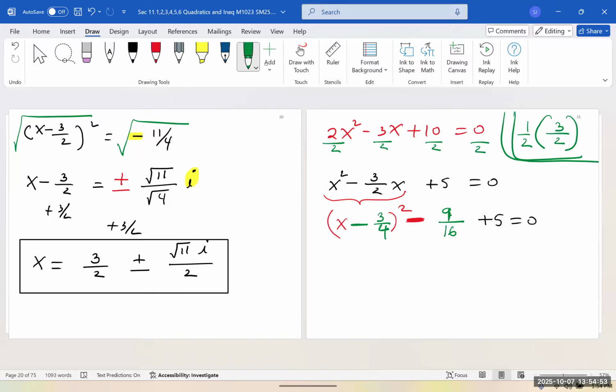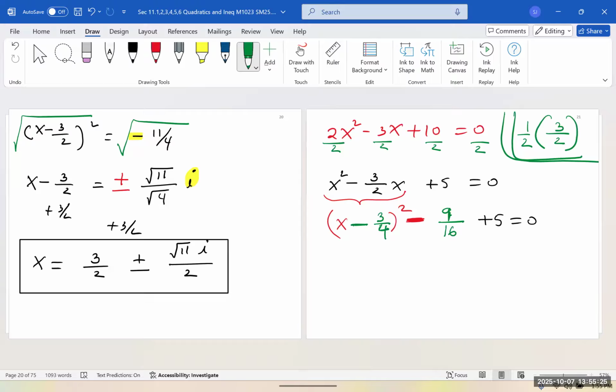But in the original one, what is our A? 2. So we cannot go for the square method until we convert this 2 into 1. You have to fulfill the requirement, we need to get rid of the coefficients. A has to be 1. X squared cannot have a coefficient.